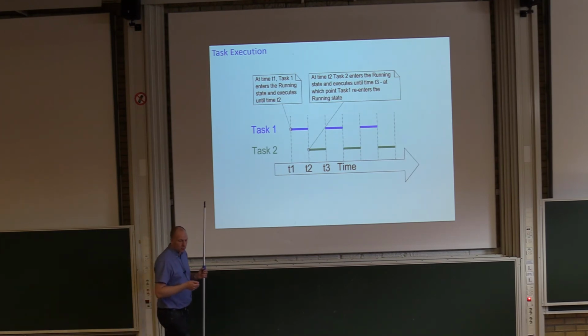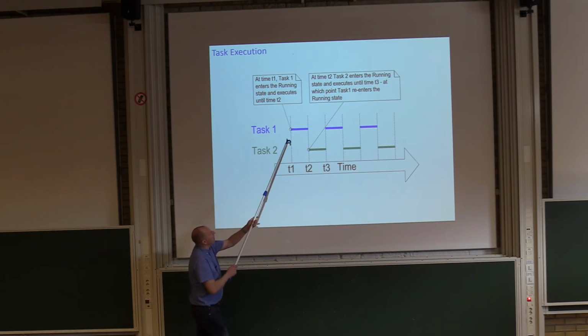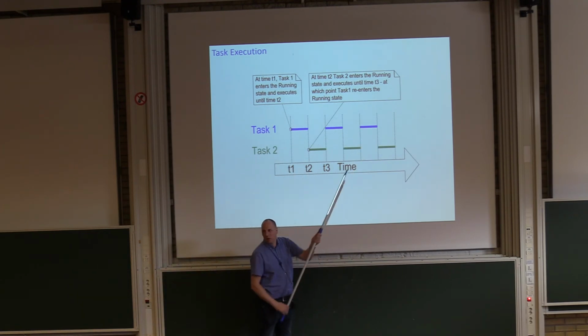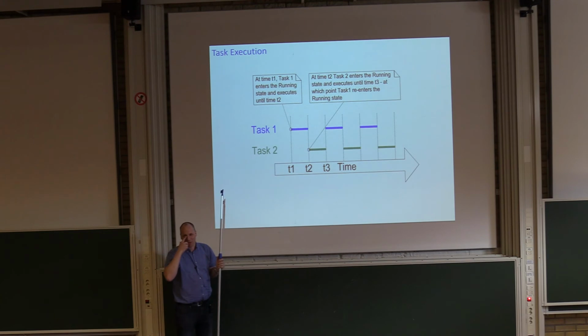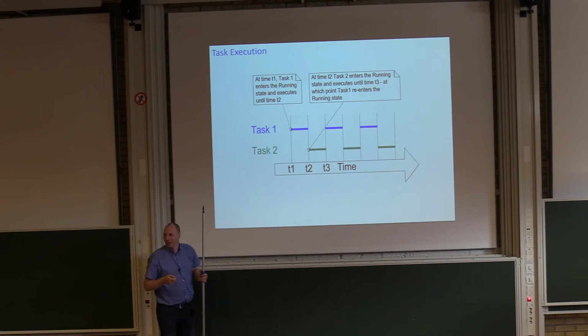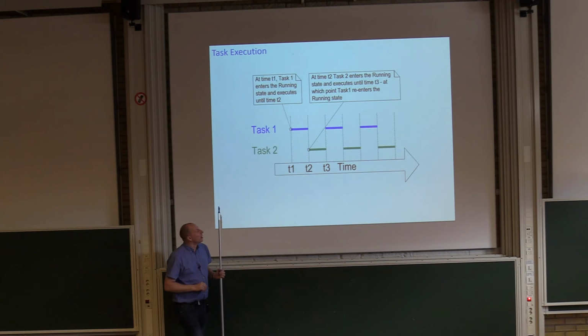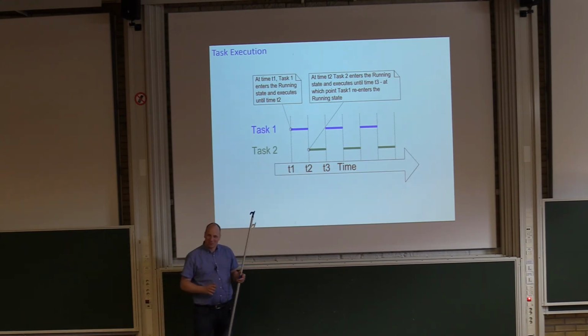So if I gave higher priority to task number 1, then task number 1 will use up all the processing time of the processor, right? So it's not a fair system. It's strictly based on priority. This might or might not be what you want, but be aware that this is how it works.